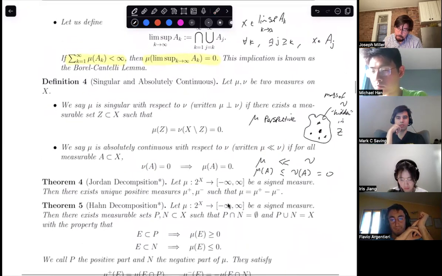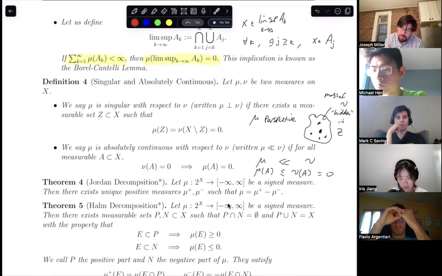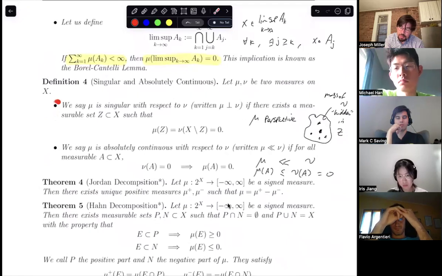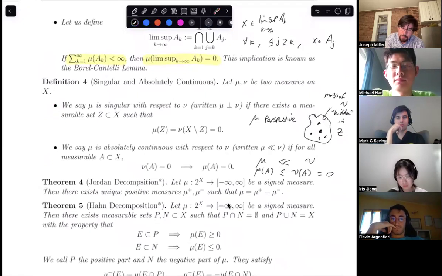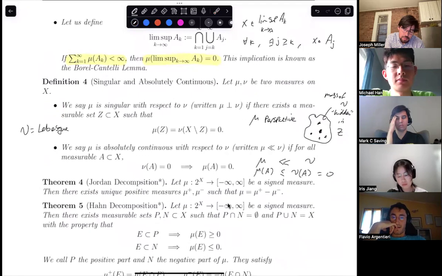Okay. Just so we're clear that everybody understands what this is, if for example nu is Lebesgue measure, can anybody construct a mu which is singular with respect to this?